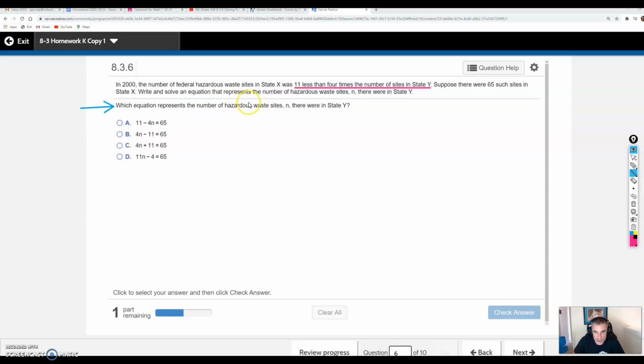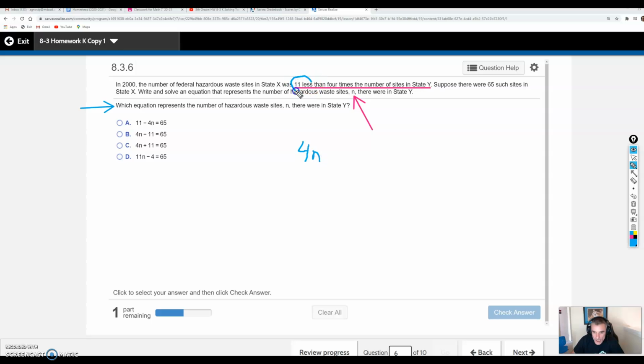Now, they want us to use the variable n right there for the number of hazardous waste sites in state Y, and then we have to multiply that by 4 and subtract 11. 11 less than 4 times the number of sites in state Y. So 4 times the number in state Y, which is our variable n here, would be 4n.